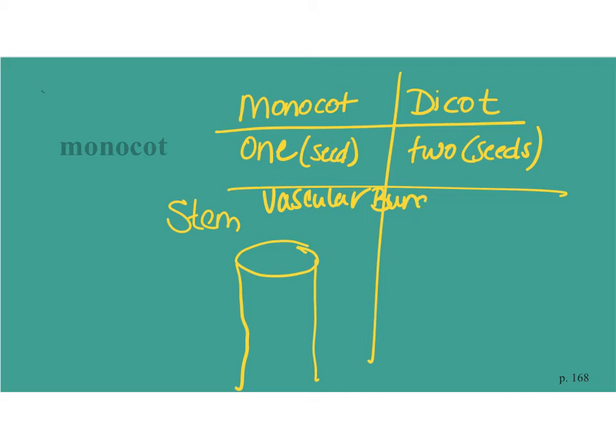This is the difference in the vascular bundles of the monocot and the dicot. The monocot is randomly here, there, everywhere. These are like little holes that come up from the stem.